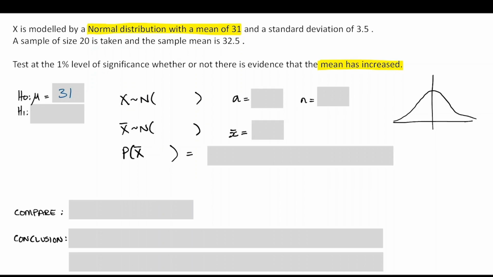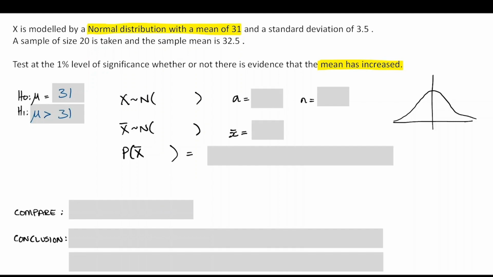The null hypothesis is always that mu equals 31. And our alternate hypothesis we're going to take from this phrase, where we're testing for evidence that the mean has increased. So the alternate hypothesis, mu is greater than 31. The hypotheses here must both be about mu. That's what we're testing. We're testing the population mean.